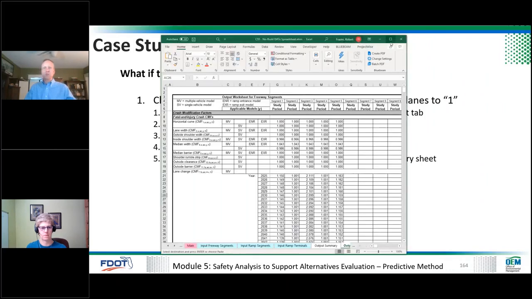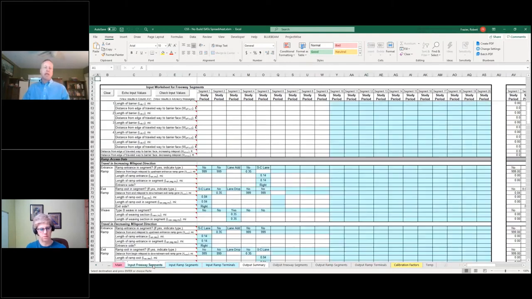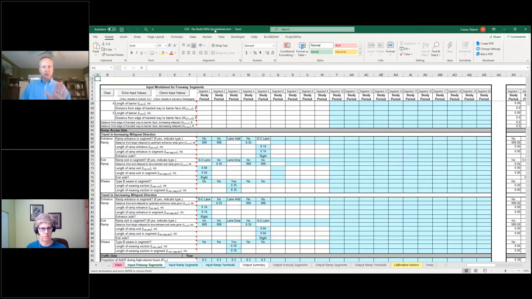And so we go into the no build sheet, and we're going to toggle four items again. There are just four things that need to be changed to go back from a type B to an A. So in the freeway segments tab of your no build sheet, you go to column K. There are two places pretty far down in the ramp access data, row 76 and again in row 90, where it says yes, I have a type B weave in my segment.